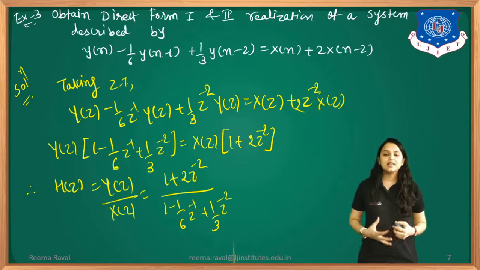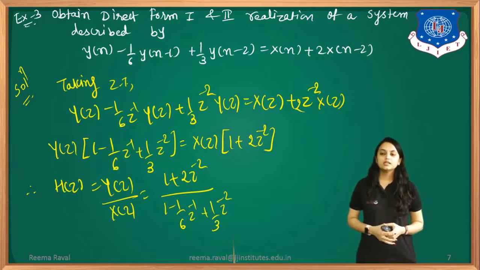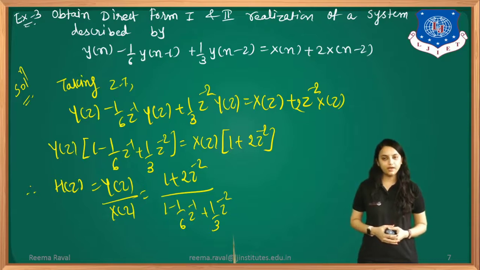Now, let us see the next example. In this question, we need to obtain direct form 1 and 2 realizations of a system which is described by y of n minus 1 by 6 y of n minus 1 plus 1 by 3 y of n minus 2, equals x of n plus 2x of n minus 2.